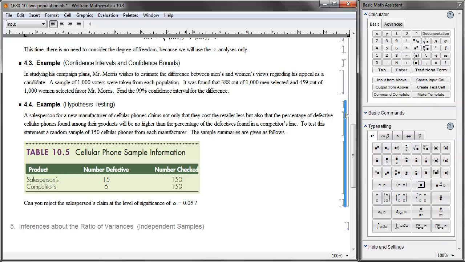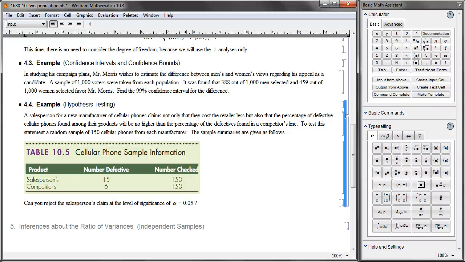And then we have something like that. Salesperson's, 15 defective out of 150. Competitor's, 6 defective out of 150. Can you reject the salesperson's claim at the level of significance of 0.05?